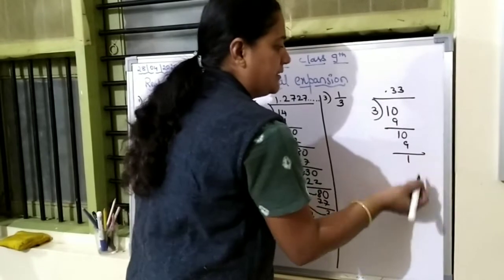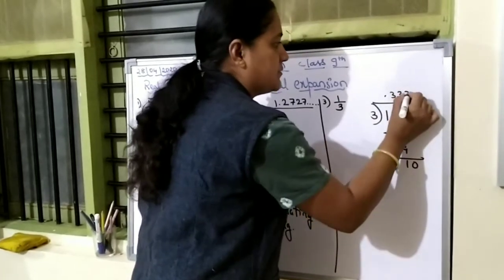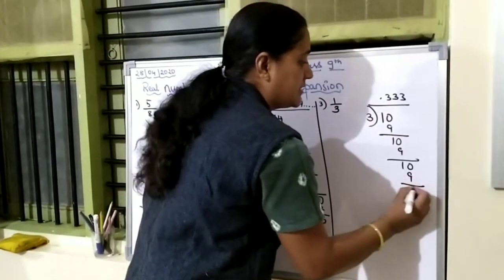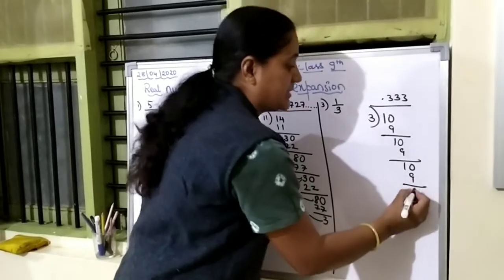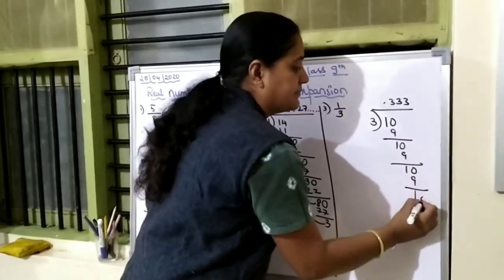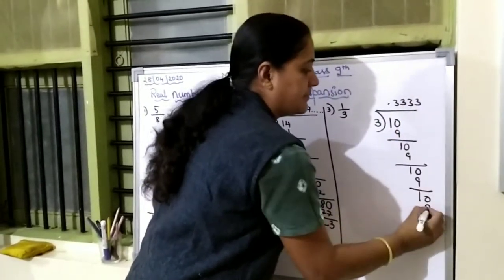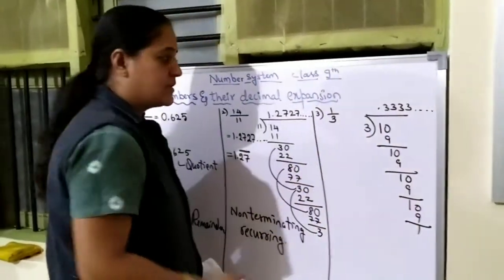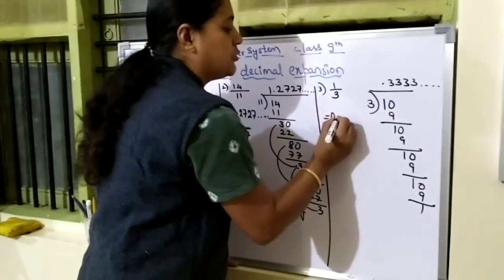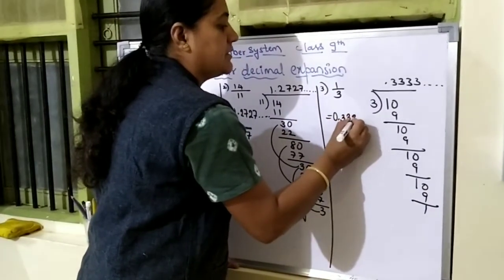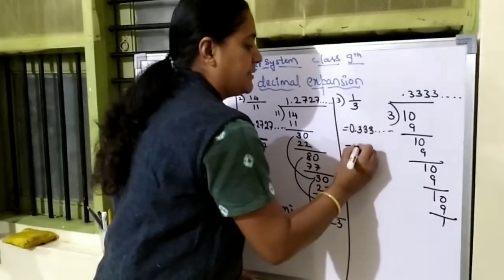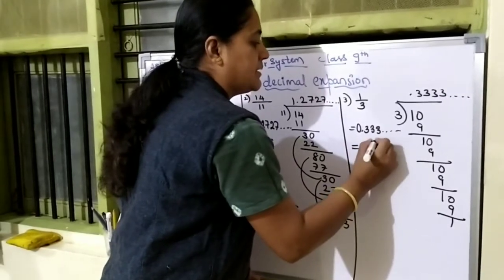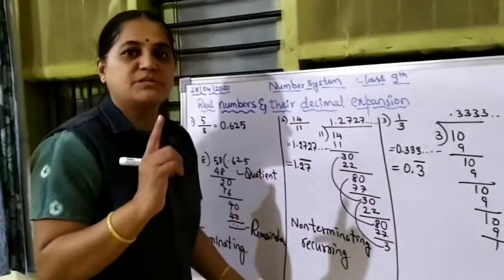You will never get remainder 0 and the quotient is the same number, that is recurring. So 1 divided by 3 you will get 0.333 and so on. This can be written as 0.3 bar. One number is repeating.